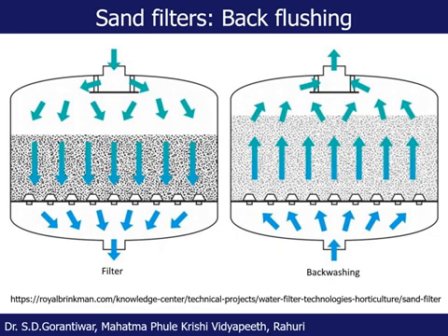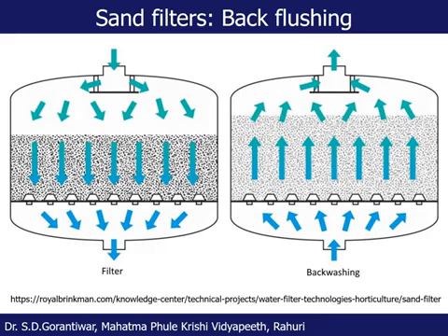Sand filters, if there is a lot of debris, need regular cleaning, and for that back flushing is done actually. In the first figure which I have already shown, this is the filtering process actually. In the filtering process, you see water is coming from the inlet and it is moving out from the outlet. In back flushing exactly we do the reverse actually. In case of back flushing, we allow water to pass through the outlet, as you see.